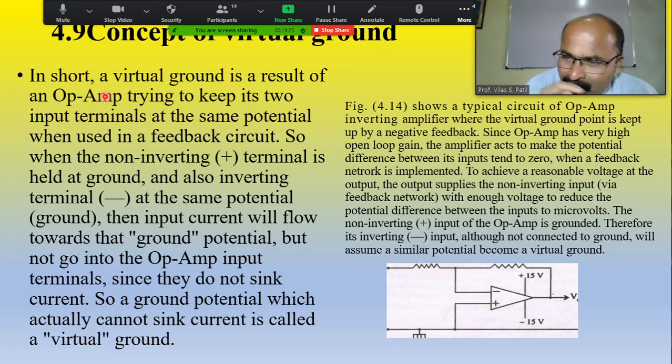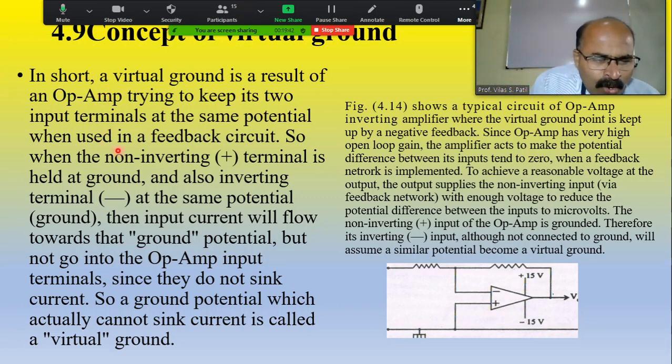It may be positive feedback if the output is connected to the non-inverting input. It will be negative feedback if the output is connected to the inverting input.